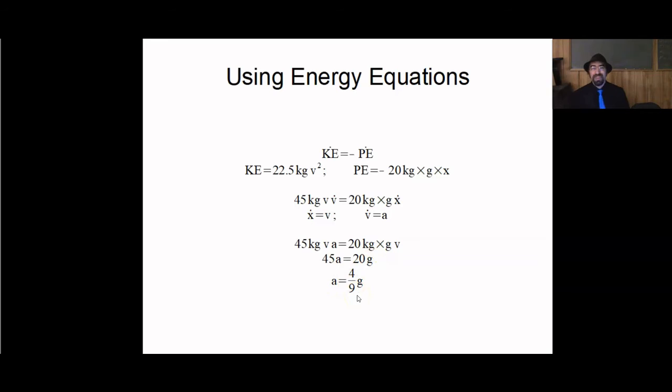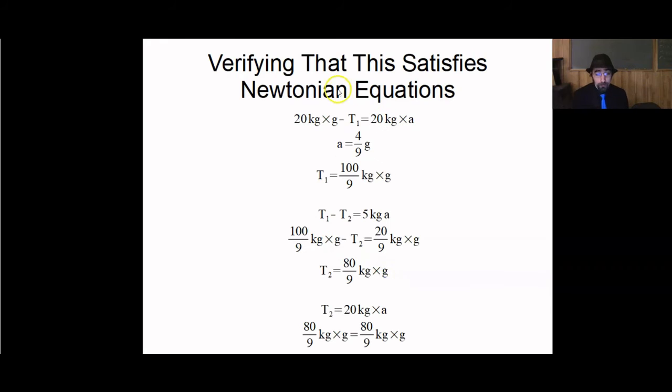And I get it without needing to solve a system of 3 equations in 3 unknowns. Now I can verify that this a satisfies the equations. It's easier to verify a solution of 3 equations and 3 unknowns than it is to solve it from scratch. So if I have this reason to believe that a is 4/9 of g, let's check.